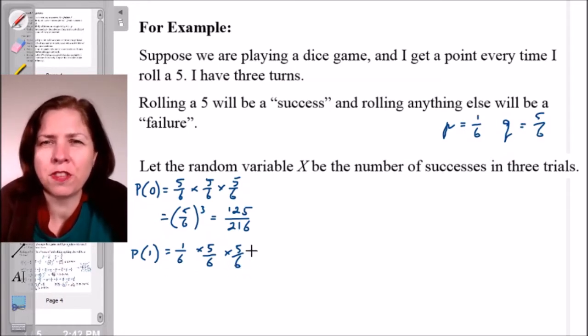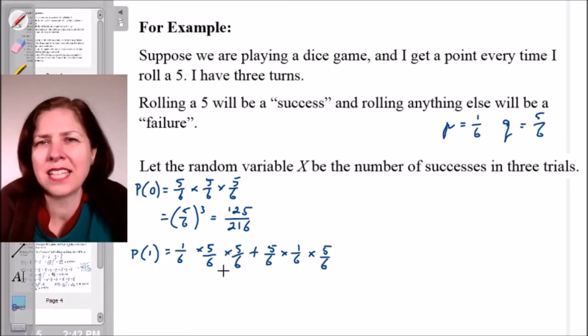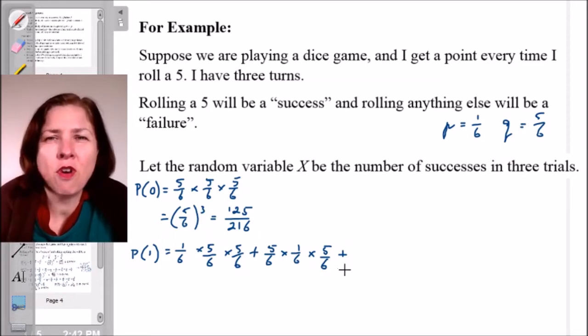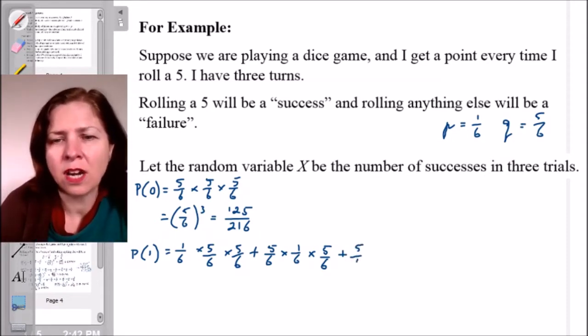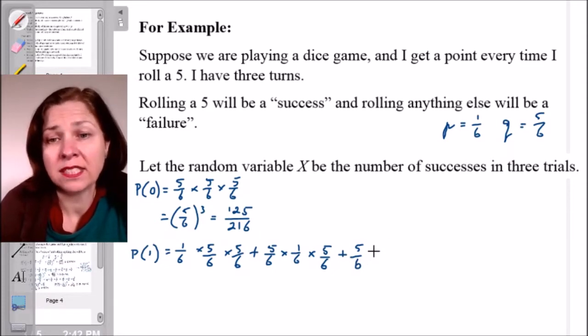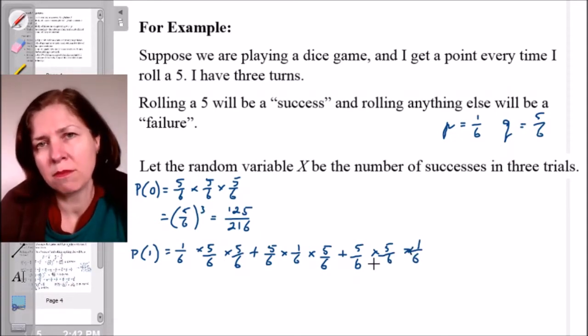But what if I got the 5 the second time? So I have to also include that possibility. That's going to give me 5/6 times 1/6 times 5/6, which is basically the same, right? They're just rearranged. And then, of course, if I get a 5 the third time, but not the first 2 times, it's going to be 5/6 times 5/6 times 1/6. So this is the same number 3 times.